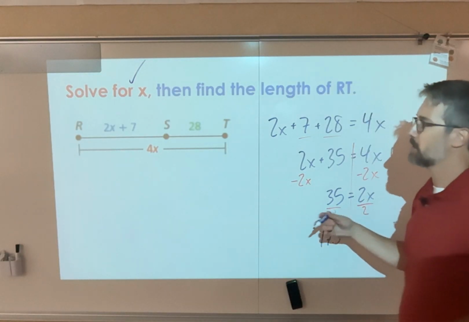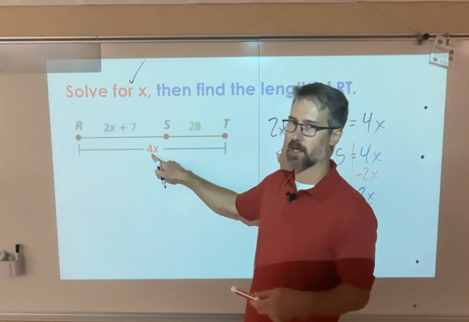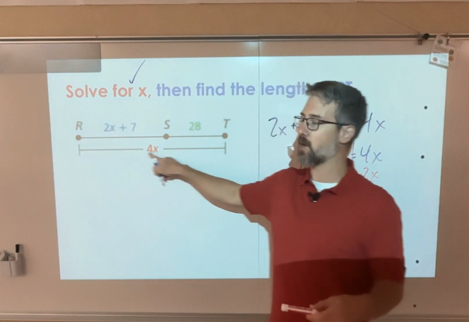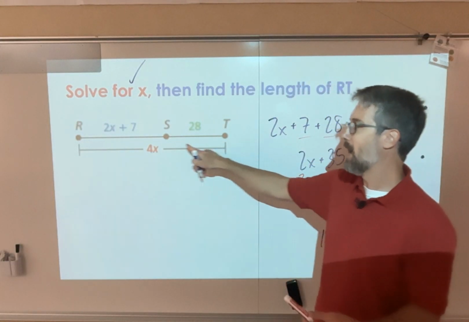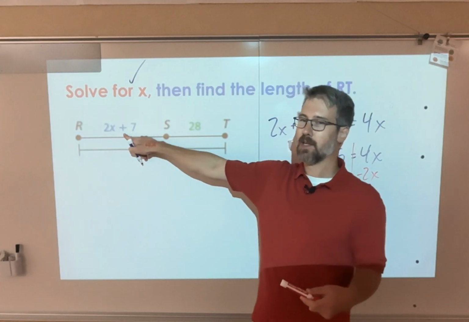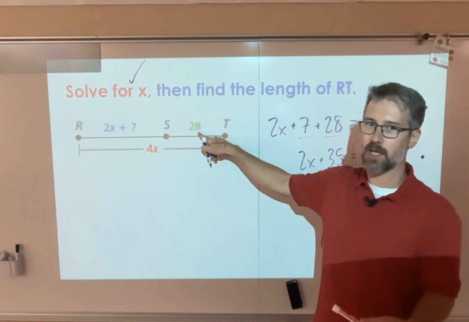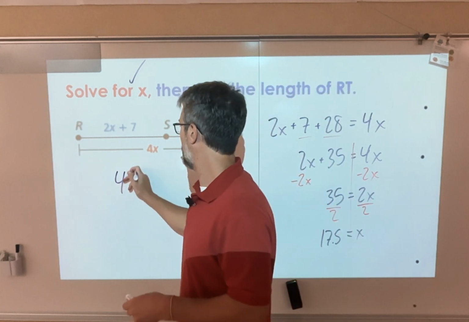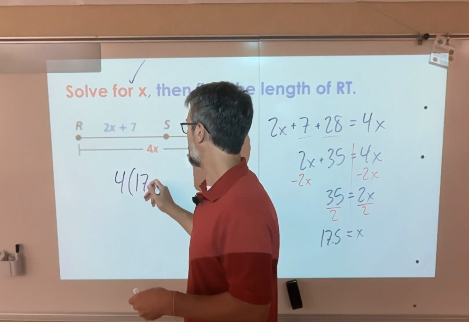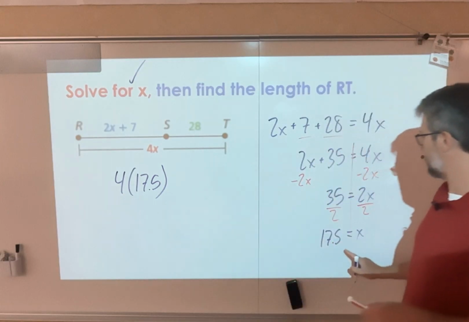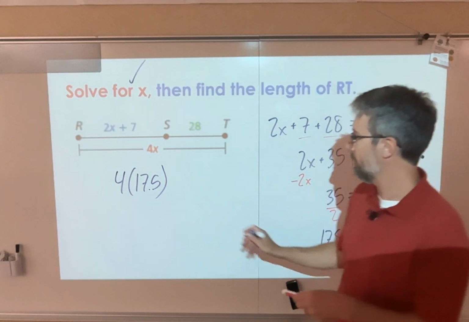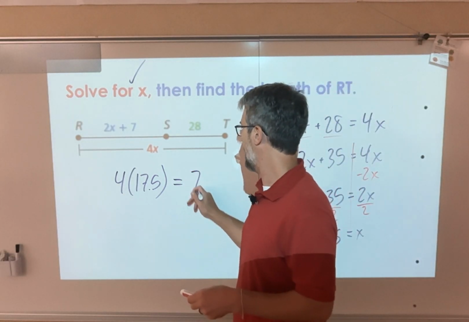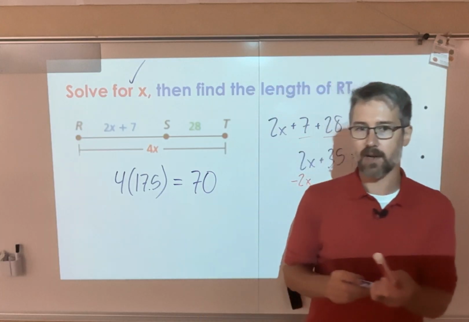I've got some options here. I think the simplest one is just to plug it into the 4x, because that represents the whole length of RT. I could plug it into 2x plus 7 and then add 28, but I think it's going to be easier just to plug it into the 4x. So 4, we'll replace the x with 17.5, right, because we said that x was equal to 17.5. And if I multiply that, I should get that the total length is 70.